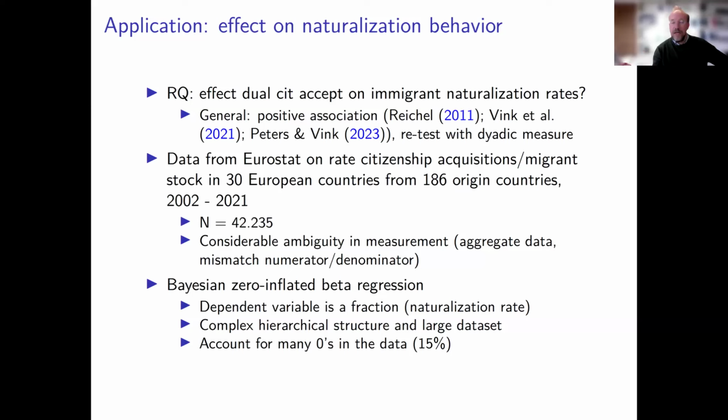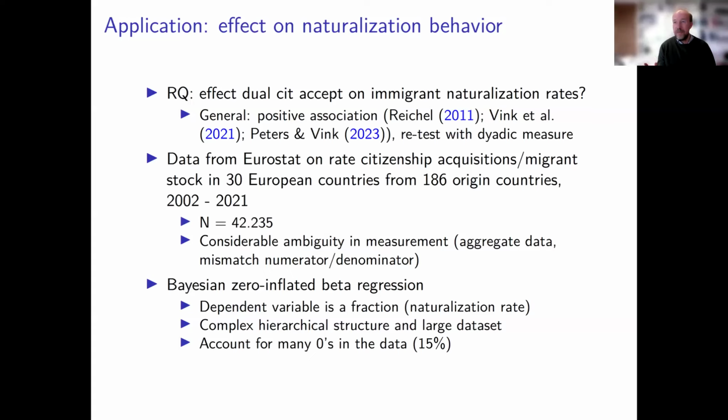Because the most direct effect of dual citizenship restrictions would be on citizenship acquisition rates, right? If dual citizenship is accepted, people will be more prone to acquire the citizenship of the country where they reside, whereas if dual citizenship is restricted, then people may be demotivated to naturalize.